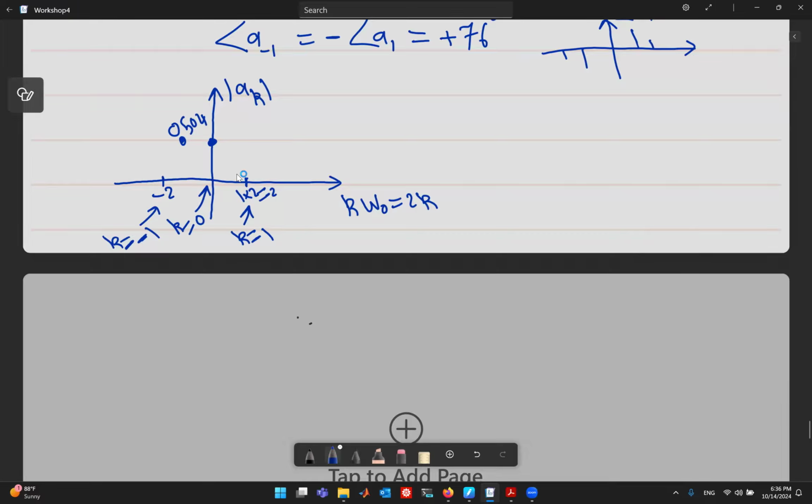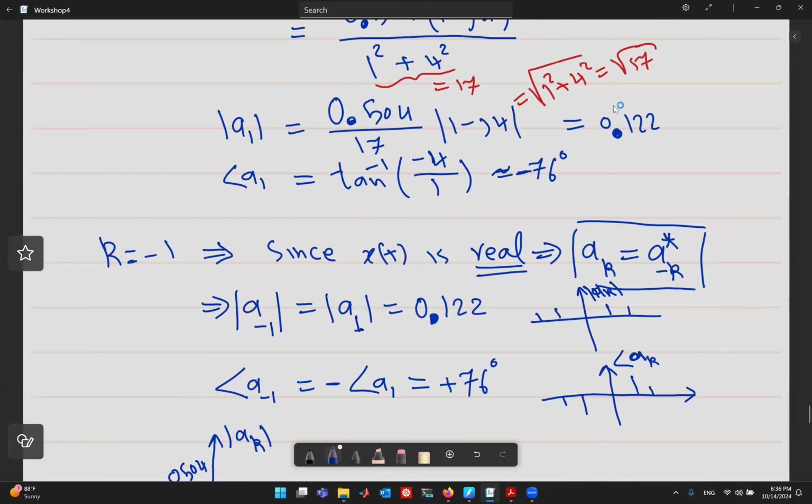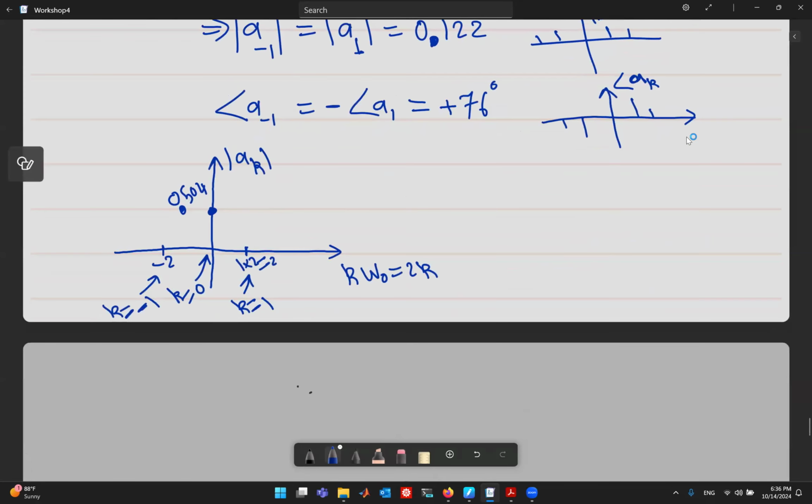So when k equals 1, we got a_1, the magnitude 0.122, something like this.